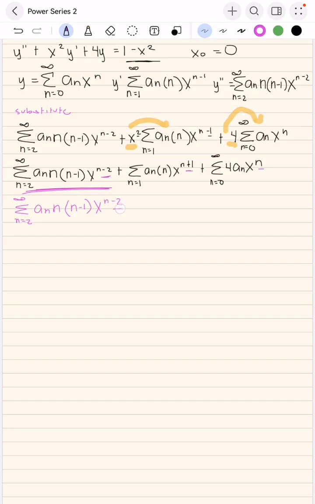For this one to be cancelled out, we need a positive 2. So let n be equal to n plus 2. This would be a_(n+2), (n plus 2), (n plus 2 minus 1), x^(n+2-2), so this would be cancelled.